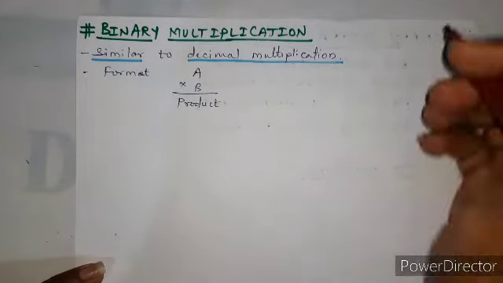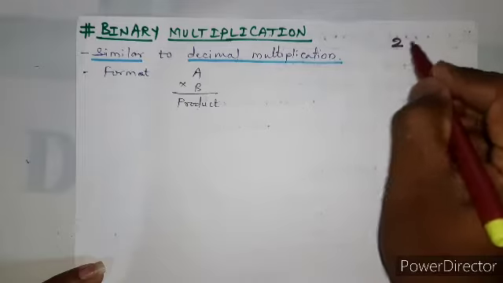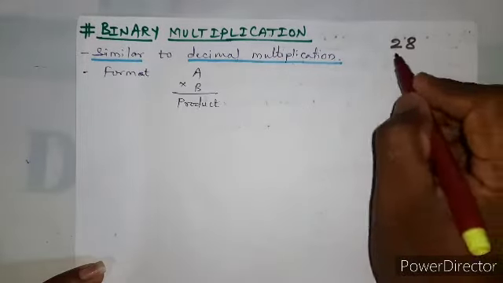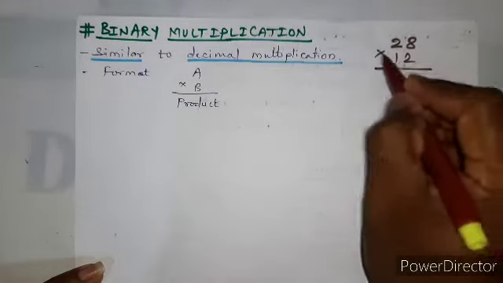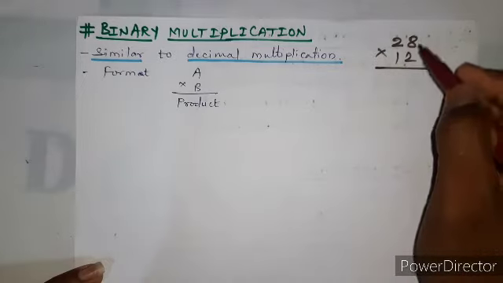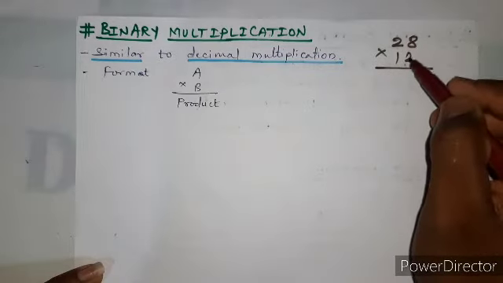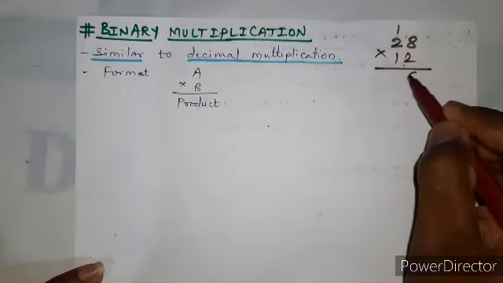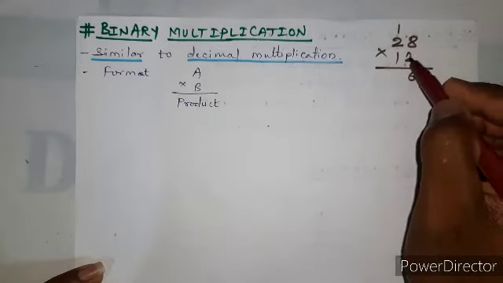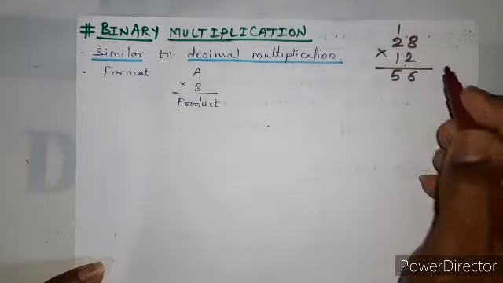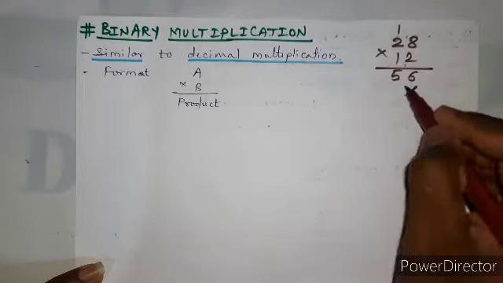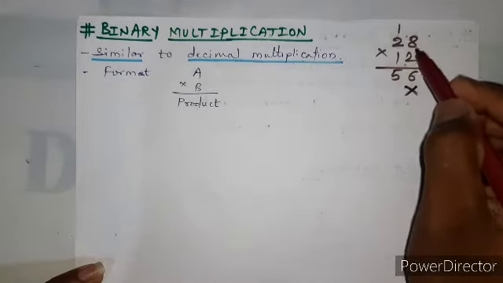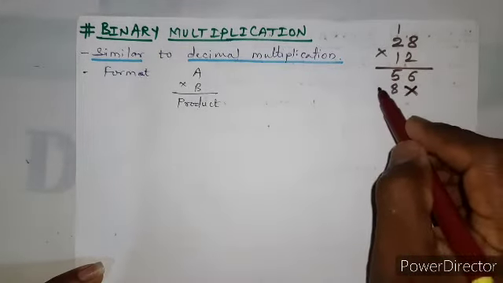It is just like if I want to multiply 28 into 12. We multiply this way. 2 8s are 16, so this is carry 1. Then 2 2s are 4 plus 1 is 5, and then we put a cross sign here. Then 8 1s are 8 and 2 1s are 2.